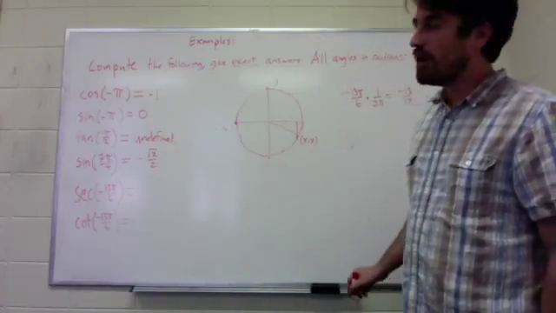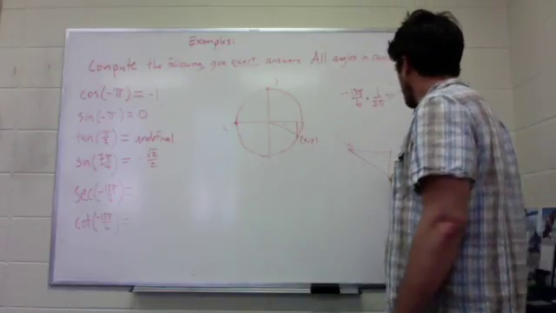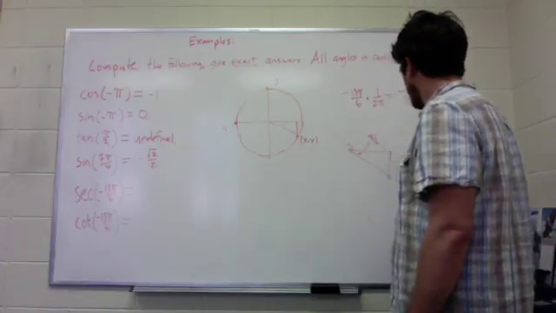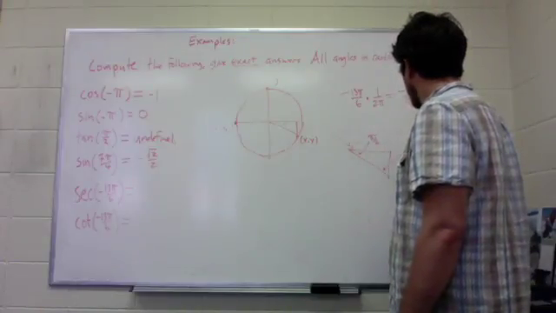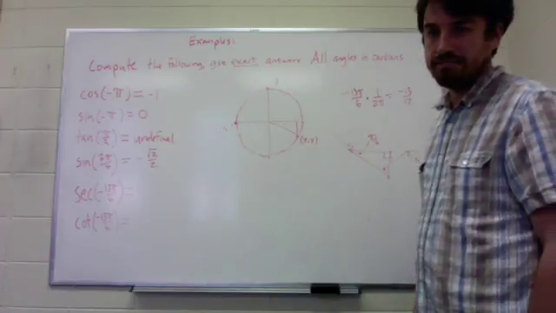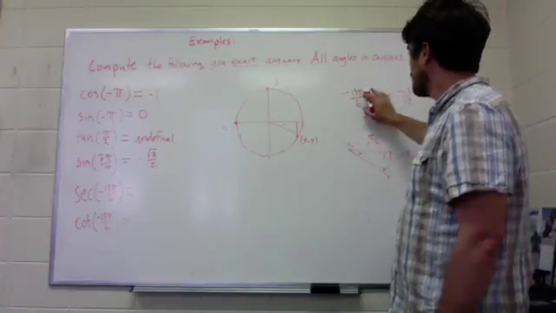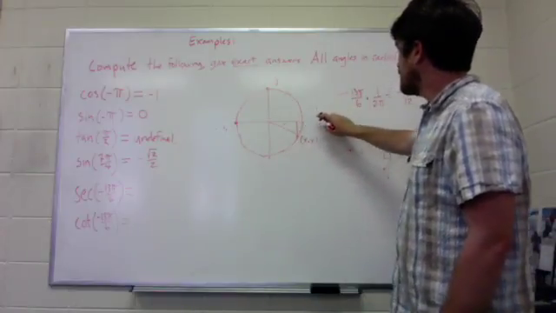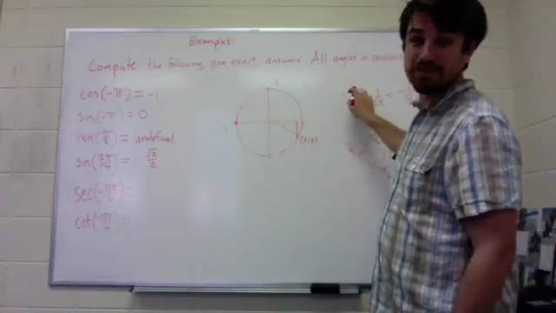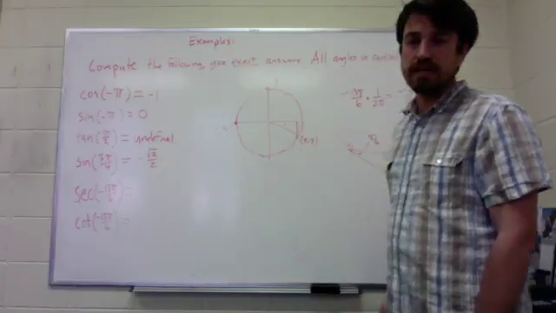I've located my triangle, and I know that this triangle inside the unit circle is a pi over 6, pi over 3 triangle like that. Again, another way to look at this, you don't need to use this conversion. I know that negative 2 pi brings me back to where I started. Negative 2 pi is negative 12 twelfths. And so I add one more pi over 6 to get down there.